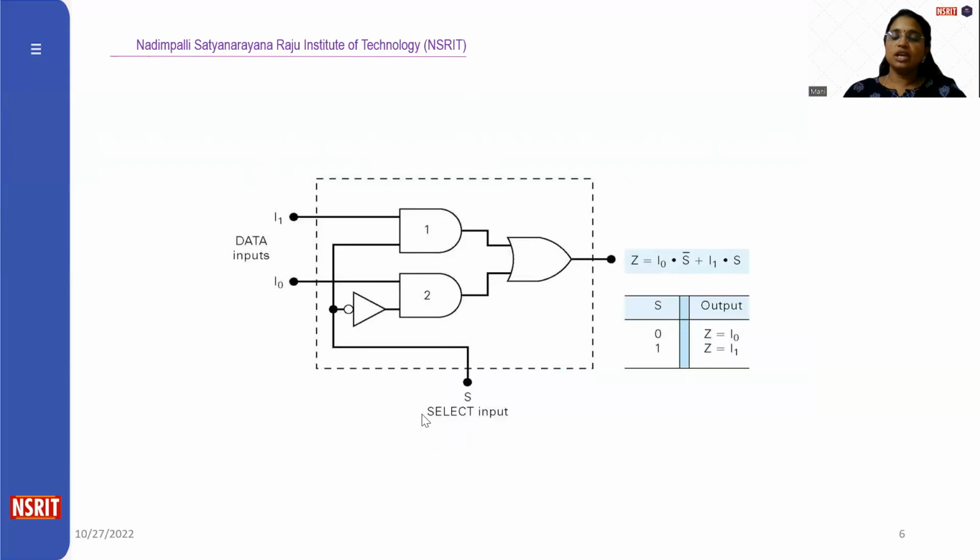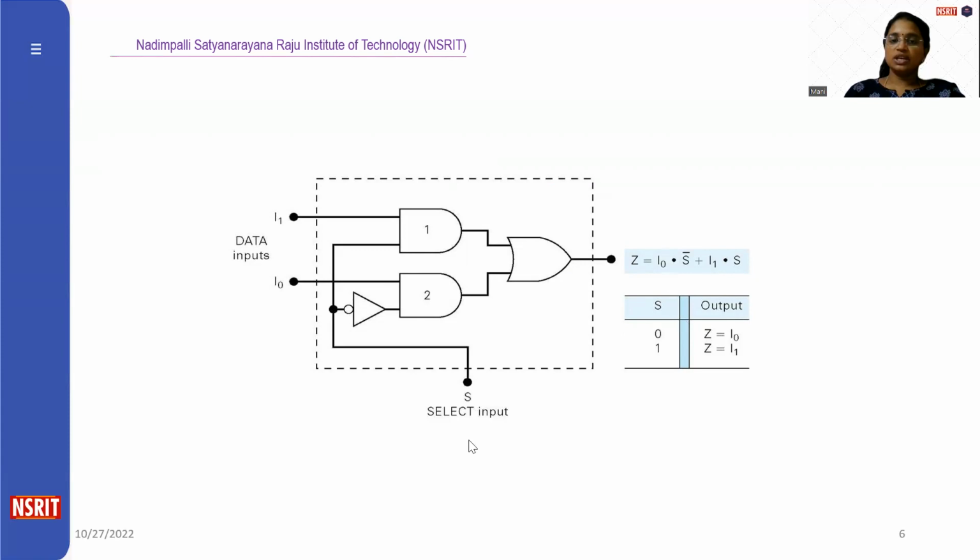So this is a logic diagram for a multiplexer, that is a 2 to 1 mux, 2 cross 1 mux. A multiplexer can also be called a mux in short. Here the data inputs are I1 and I0, two data inputs. The output is 1 and the selection line is also 1.